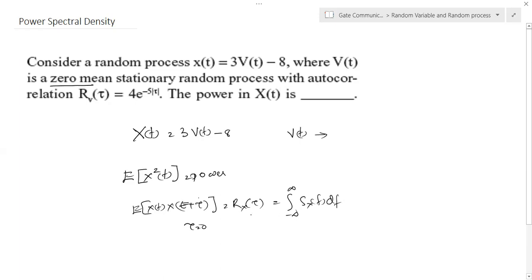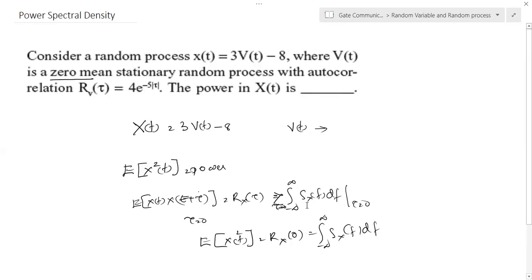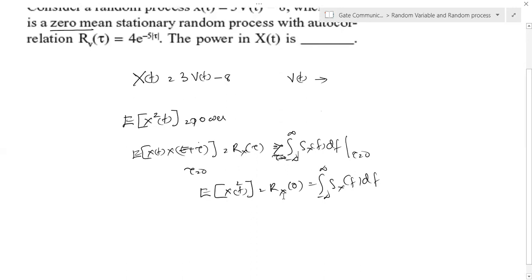So we know this relation, and if you substitute tau is equal to 0, it becomes expected value of x of t the whole square, which is Rx of 0. You can write, if you substitute tau is equal to 0, it becomes integral minus infinity to infinity Sx of f df. Okay, when tau is equal to 0, the area of the power spectral density curve is equal to the power.